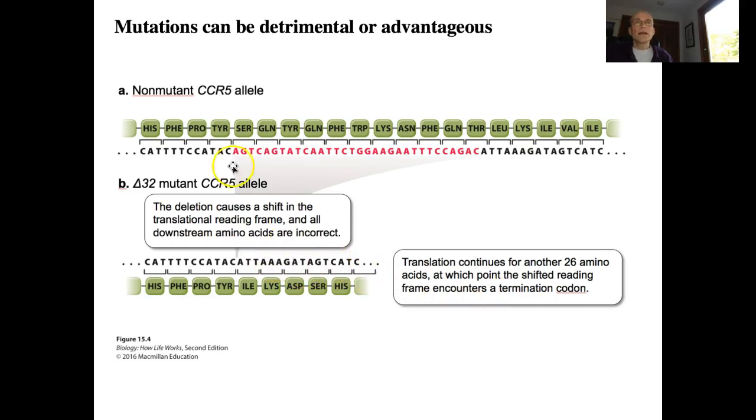So here you see how a severe deletion of a piece of DNA that has both the effect of a change in the reading frame and a premature stop codon can be an advantageous event for this individual.